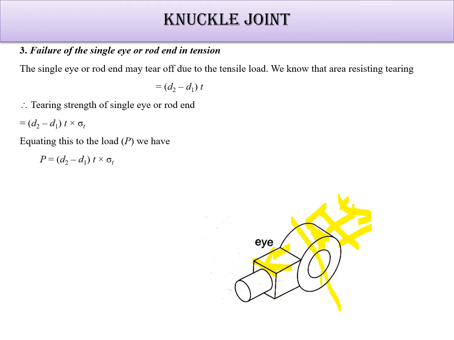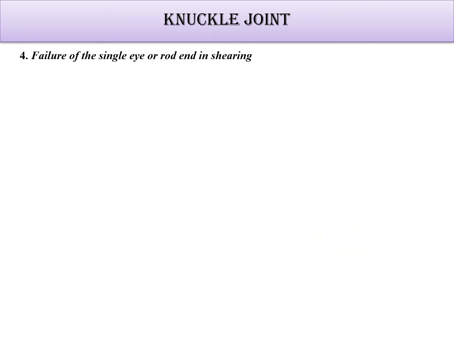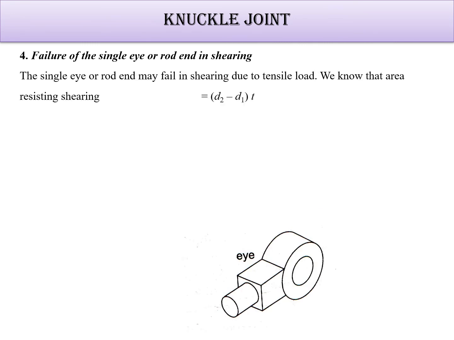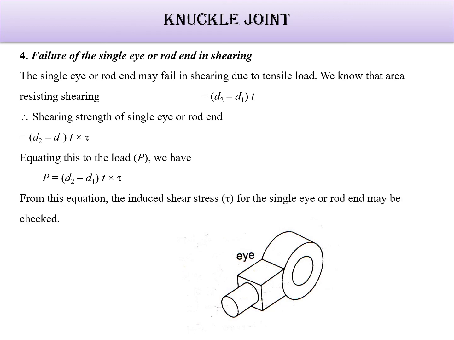So you will get load is equal to d2 minus d1 into t into sigma t. This is how you can check the diameters d1 and d2 in terms of sigma t. For shear, same thing, the area will be the same because the same area is under shear. So only the stress is changed. The formula is the same, only the stress value changes.